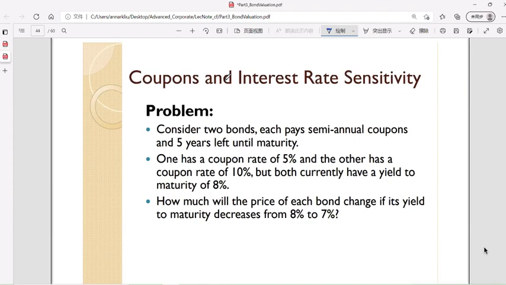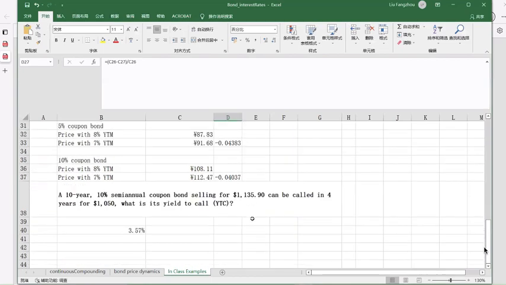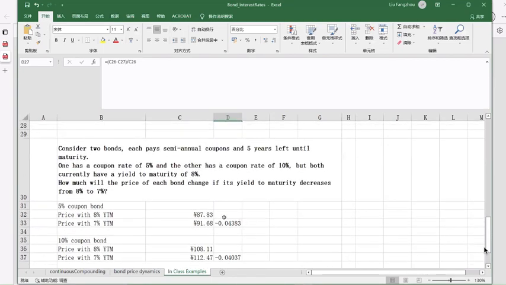So we know the general direction: if the yield to maturity decreases, then the price would increase. What do we see here?